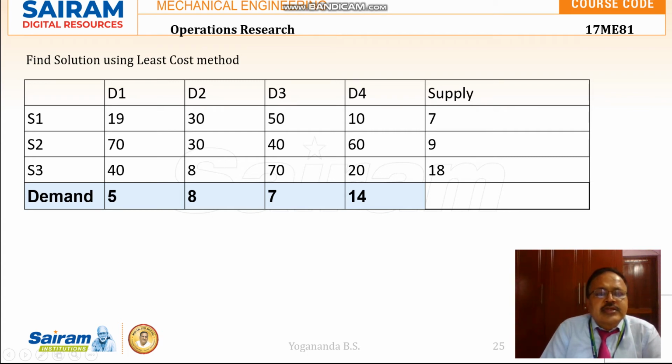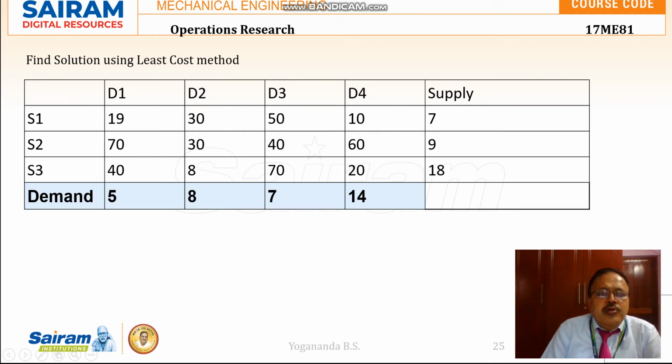Using the least cost method, we need to assign the shipment from various sources to different destinations such that the total transportation cost will be minimal. The name itself says least cost. In the entire table, the assignment will be made where the cost is minimal.